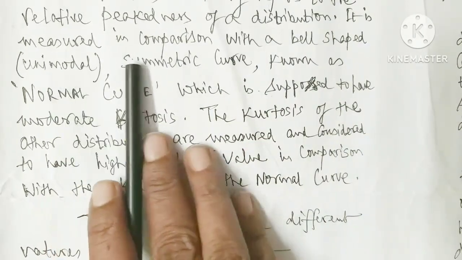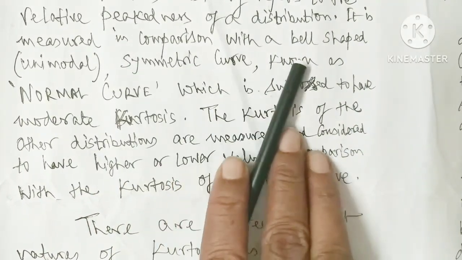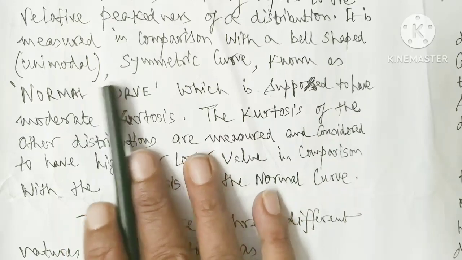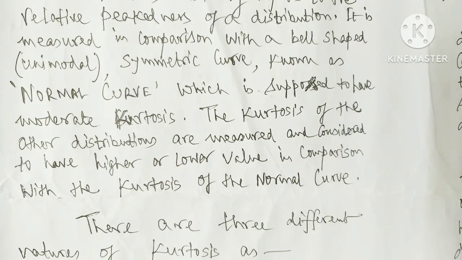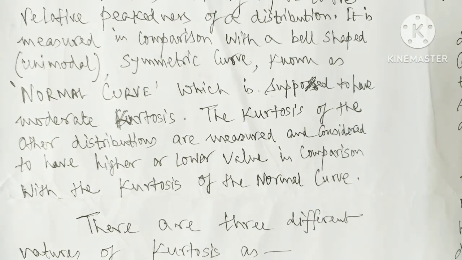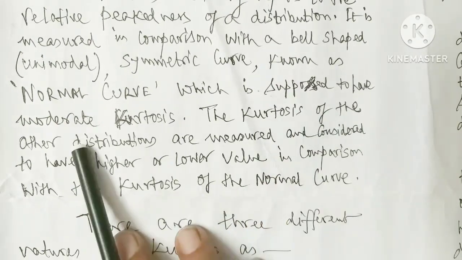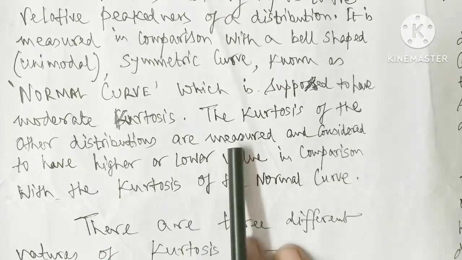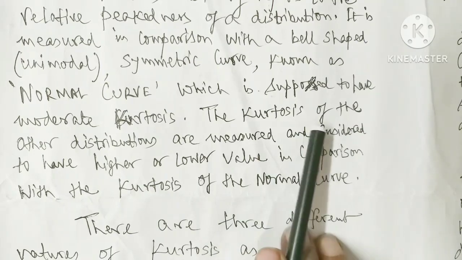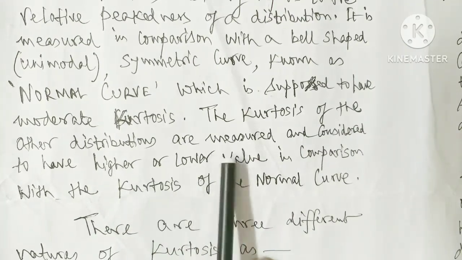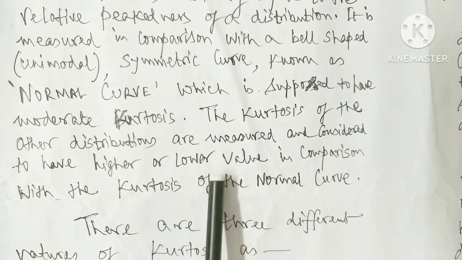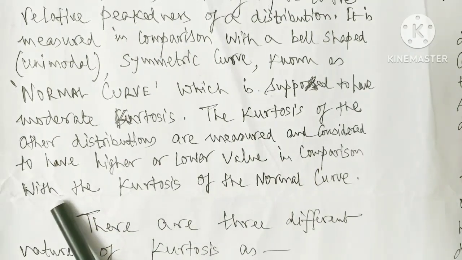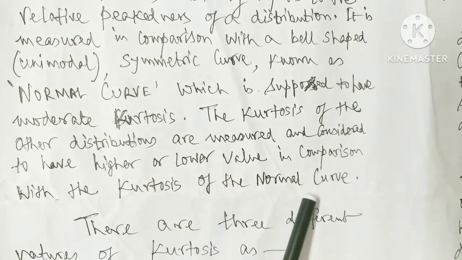It is measured in comparison with a bell-shaped unimodal symmetric curve known as the normal curve. Unimodal means the mode is one; there exists only one mode, which is supposed to have moderate kurtosis. The kurtosis of other distributions is measured and considered to have a higher or lower value in comparison with the kurtosis of the normal curve.